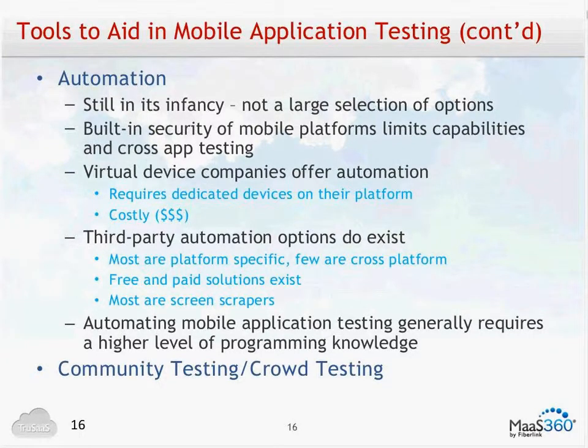And what you're essentially doing is submitting your app with a simple set of directions to this company, and they find one of their users who has the devices you want, and they send them directions, and they test your app for you. So it's an interesting concept in that it's generally cheaper than using dedicated devices that you buy. If you just want to get user experience on a wide variety of phones, you might go to one of these companies and say, "Hey, if you have these 20 model phones, I just need users to go install the app, click here, here, and here, and tell me what it says, and then they're done."